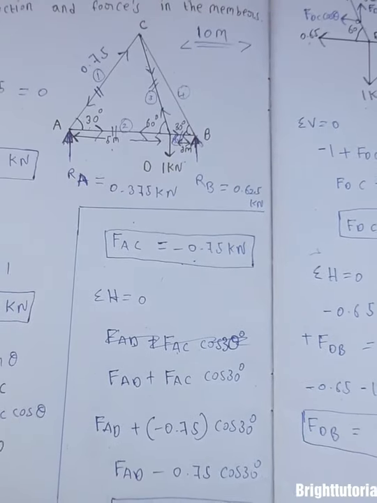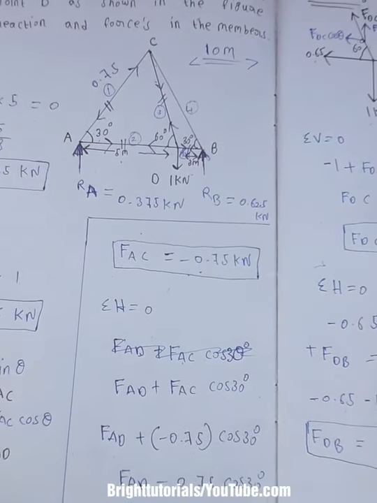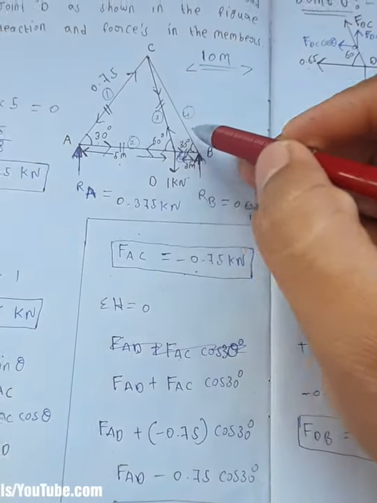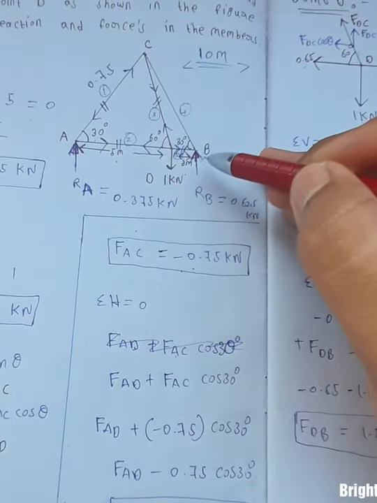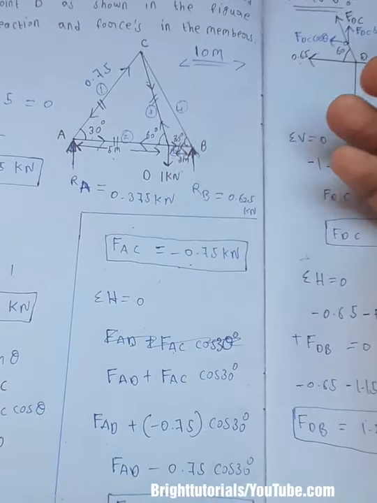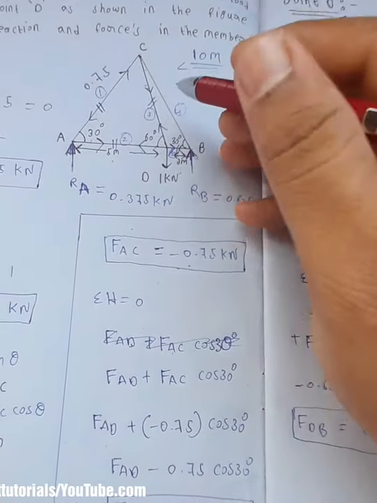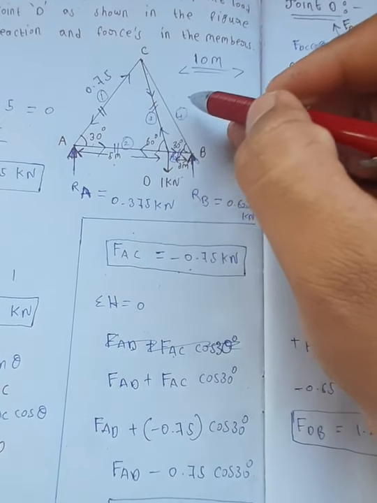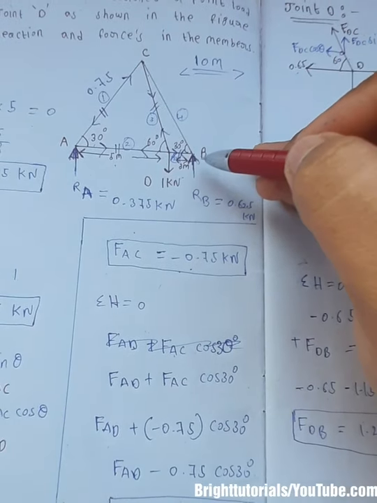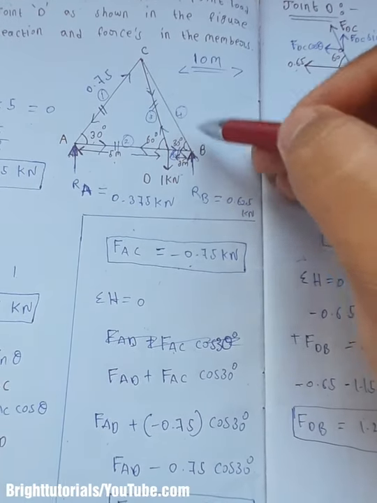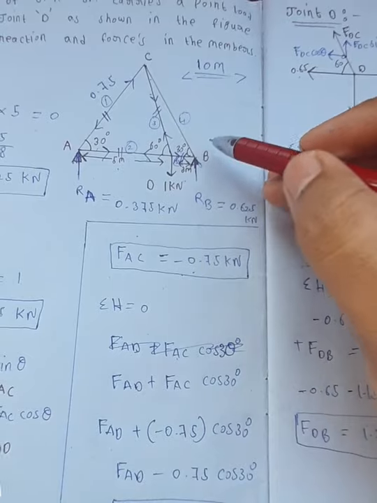So now we have successfully completed the forces in the members 1 and 3, 2 and 5. Only the one force in member 4 is remaining. So now by using joint B, we can easily find this force, that is FBC.